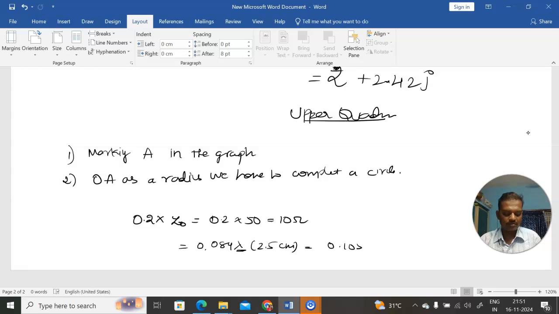So 0.084 into 2.5 meter. Okay. So if you get meter, you are getting it as 0.210 m.